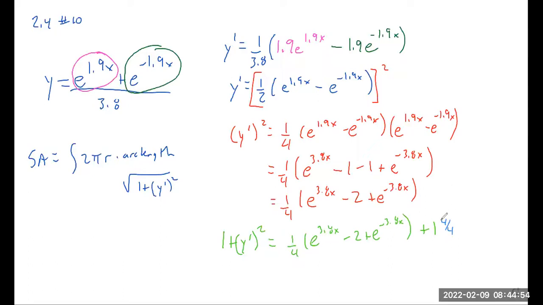Which means I can combine these. So I still have my 1/4. If I add 4 on the inside, this becomes e to the 3.8x plus 2 plus e to the minus 3.8x. So there's my plus 1. It's the same as adding 4 inside of that.